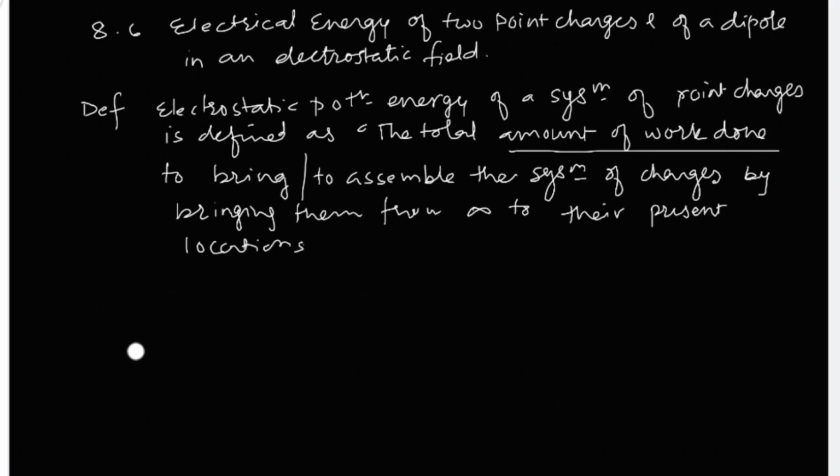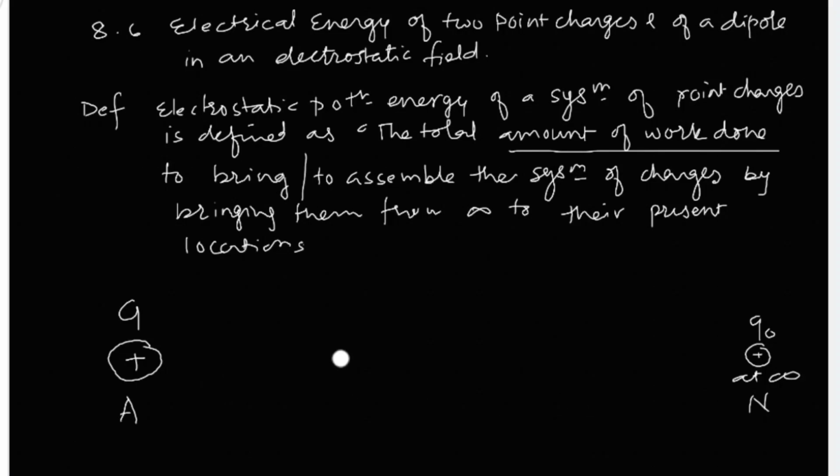Now suppose here we are considering a source charge. Q is a source charge, and let us consider here the positive test charge is kept at infinity. This is the position A, and at infinity, this point, q0 is kept, a positive test charge.